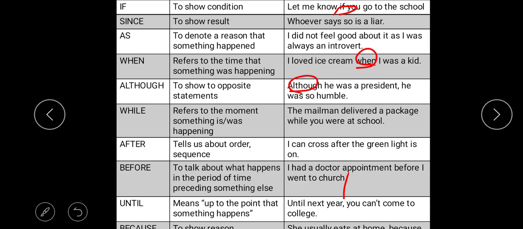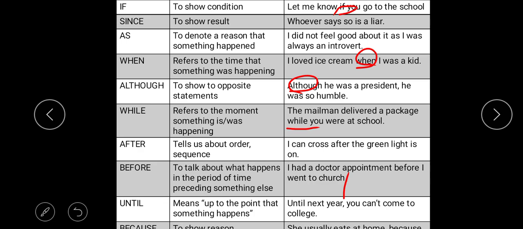While refers to the moment something is or was happening. If something is moving, something was happening, then you will use while. The mailman delivered a package while you were at school. This was happening when I was at school.